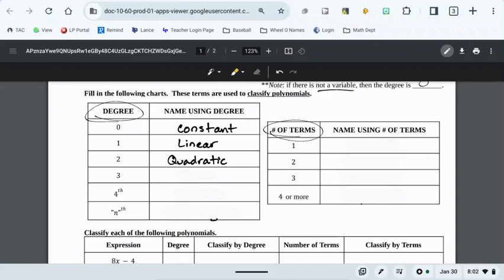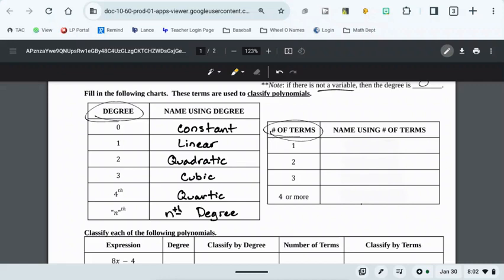If it's a degree of 3, we call it cubic. If the degree is 4, we call it quartic. And then if it's to the nth degree or anything else higher than 4, we just call it to the nth degree. So if it's 5, 5th degree, 6, 6th degree, 7, 7th degree, and so on.